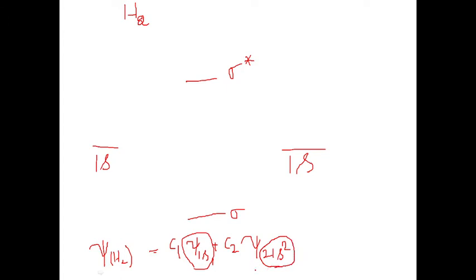Say, if this is the atomic orbital of 1s, let us denote it as positive, and they combine in a constructive way. This is the sigma, so the wave functions are overlapping with each other.